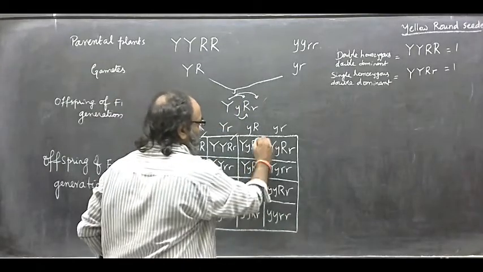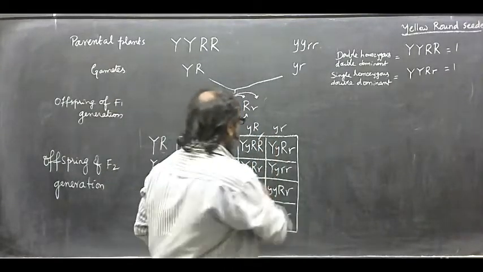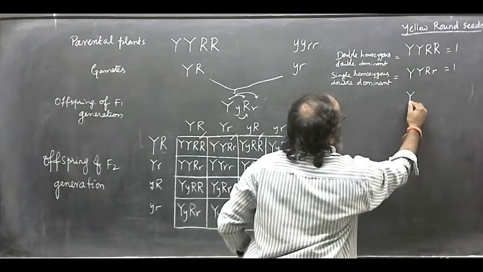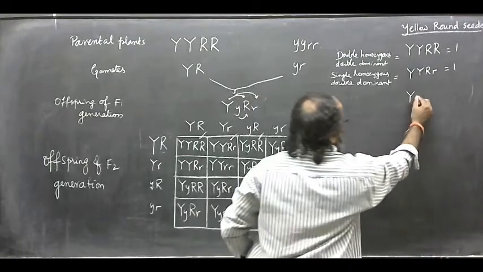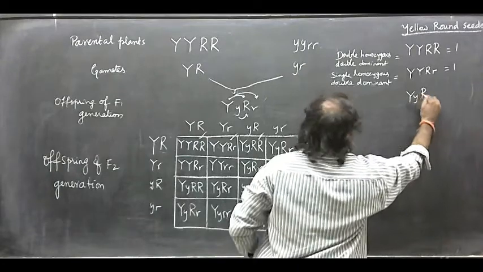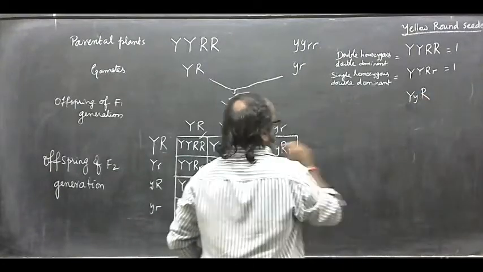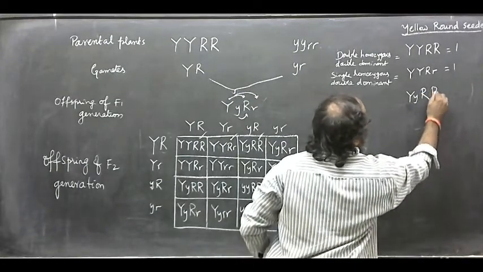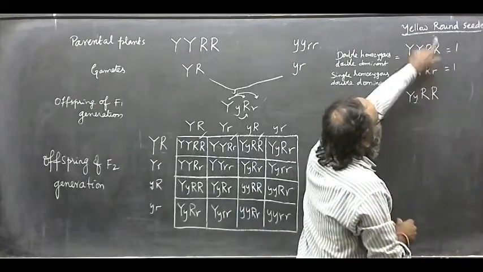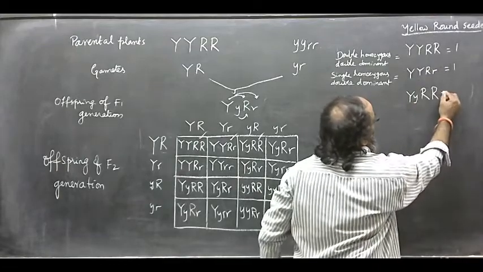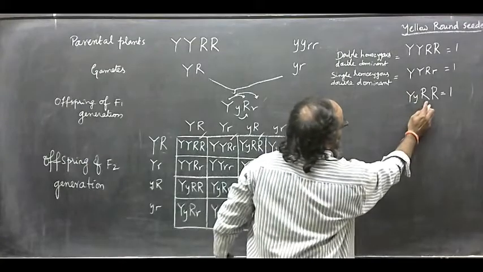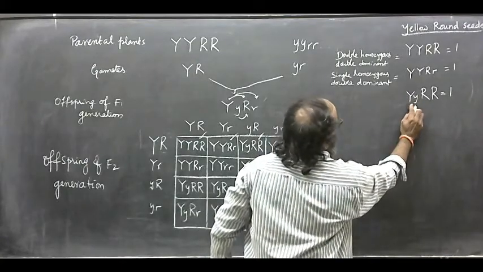Now let us examine the third. The third is capital Y, small y, capital R, capital R. Still it is yellow round seeded. It is also double dominant.